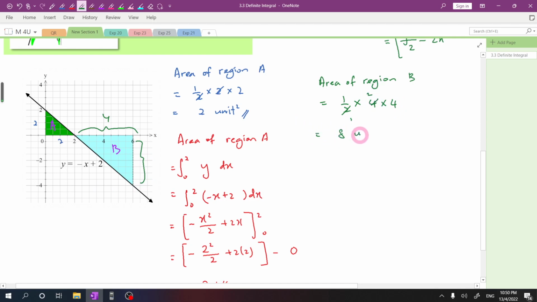So you will get 8. How about we use definite integral to help us to get the answer? So same thing, this is the x-axis, I'm going to use y dx. Let me use another color.